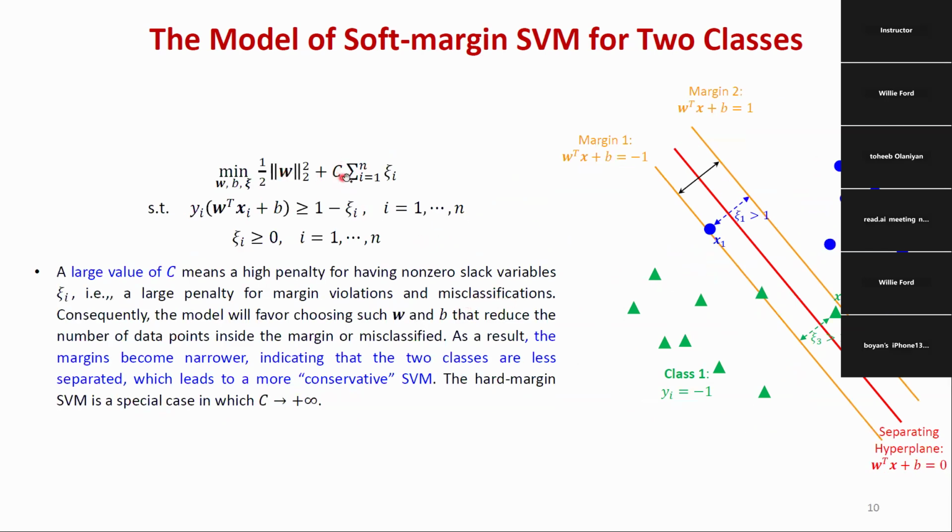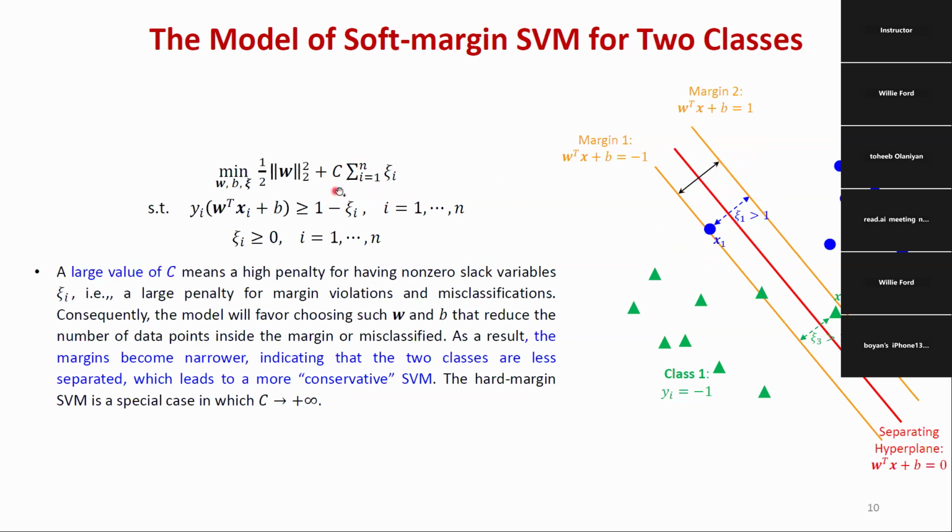And then how do we choose C, or let's say what is the impact of the different values of C? So if C is a large value, this means what? This means I will have a high penalty for having those non-zero slack variables in the objective function. And hence, what's going to happen is that the margin will become narrower, very small. Why?